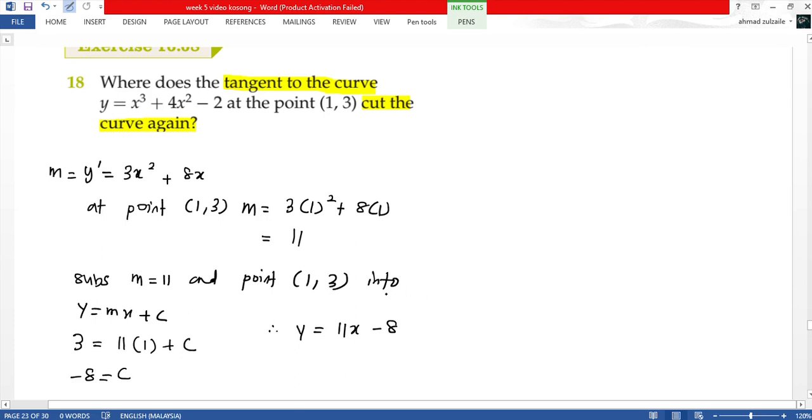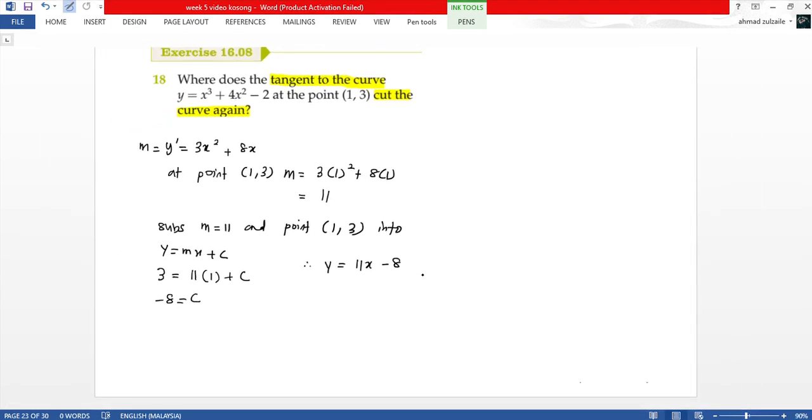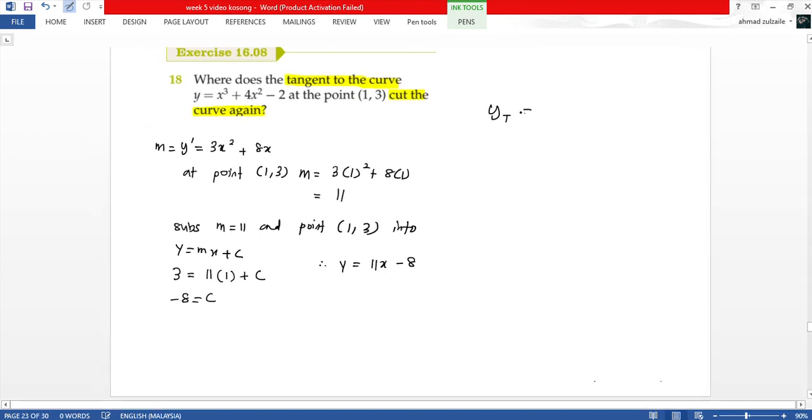Now you have to equate the equation of the tangent with the equation of the curve again. So y of the tangent equals y of the original curve. So 11x minus 8 equals x cubed plus 4x squared minus 2.